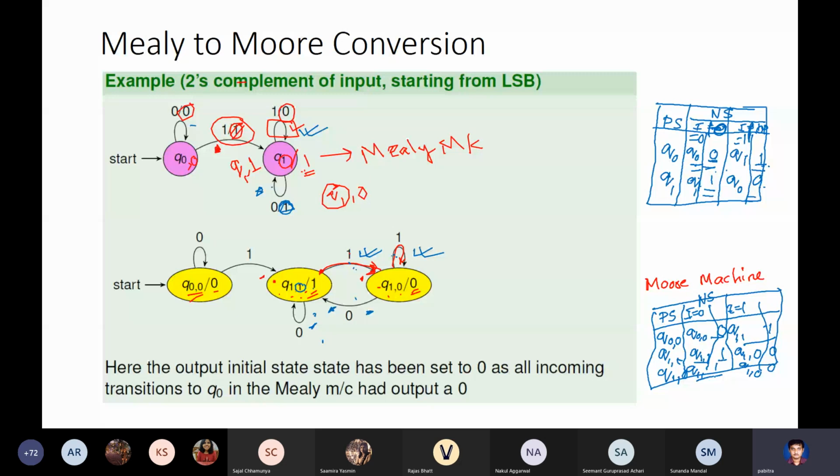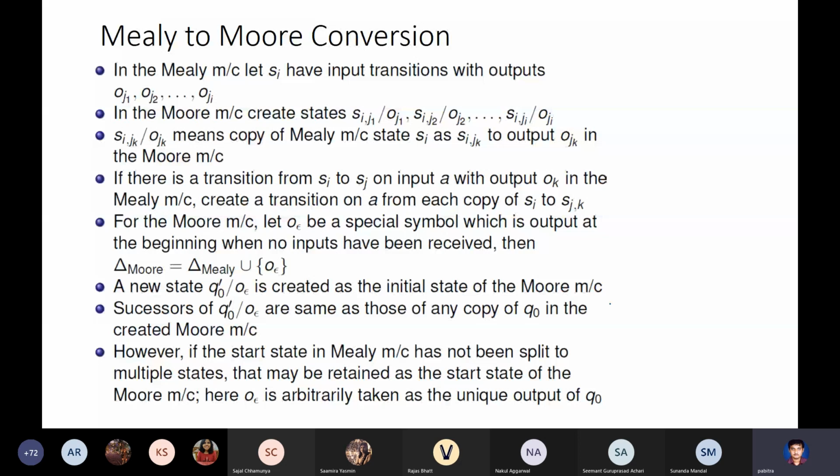So let's summarize the rules for Mealy machine to Moore machine conversion. In the Mealy machine, let a state Si have different input transitions with different outputs Oj1, Oj2, up to Oji.